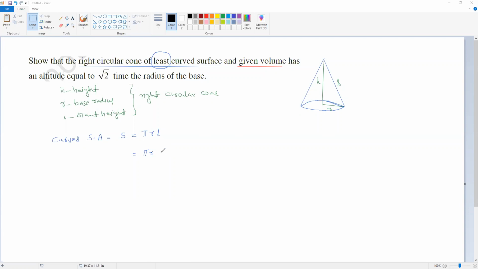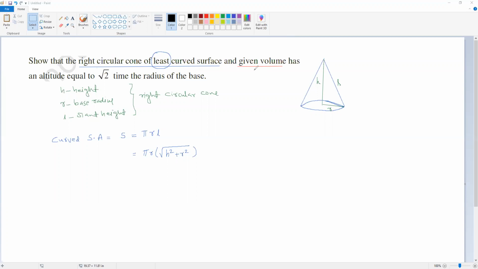So now pi r L आप ऐसे लिख सकते हैं कि it is pi r under root h square plus r square. But again उधर problem है, उधर h is also variable. So now we have to use the given fact.